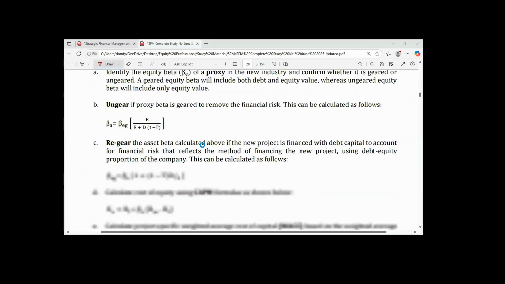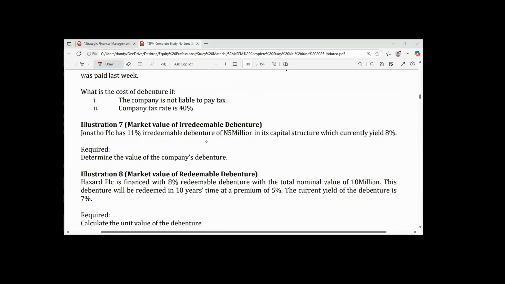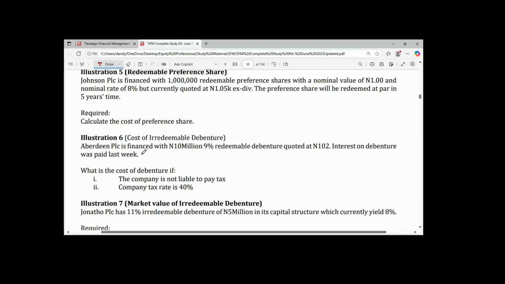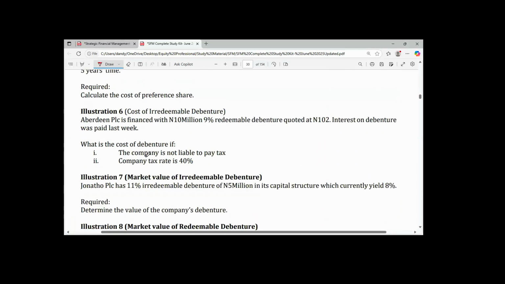Let me see. So let's try illustration number 6, Aberdeen PLC. Who is helping us to read it? Okay, let me go ahead.